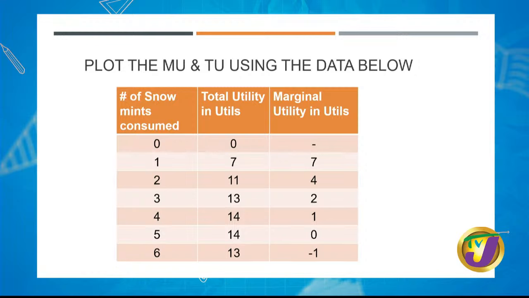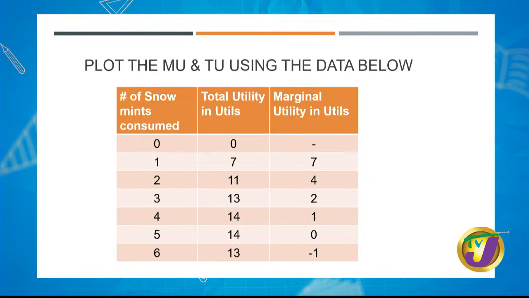Now we want to look at this table, which is showing you total utility and marginal utility. And we are saying that the good we're focusing on is snow mints. In the table, it has 3 columns and 8 rows. First, we're looking at the number of snow mints.